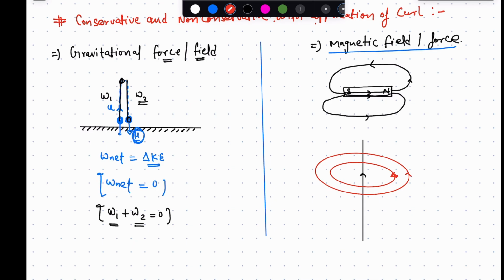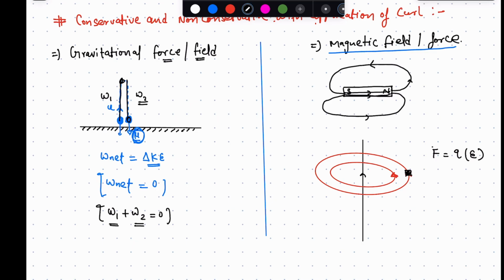Now think about it: theoretically, we have a magnetic pole, whether it is a north pole or a south pole. If it is placed in this field, then it will experience a force. The force will be equal to, let's suppose, q times whatever the field is there.